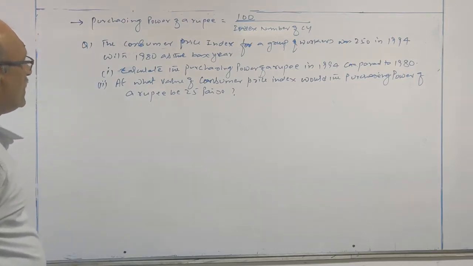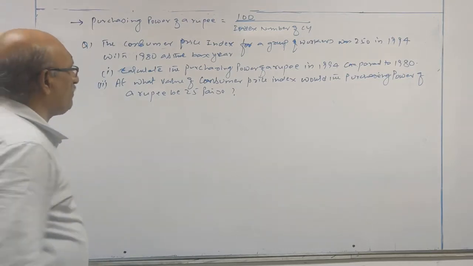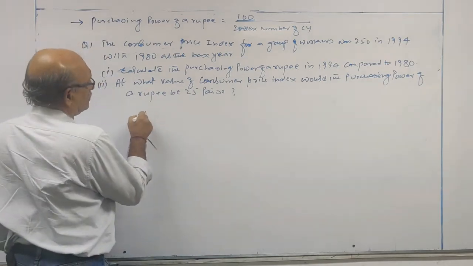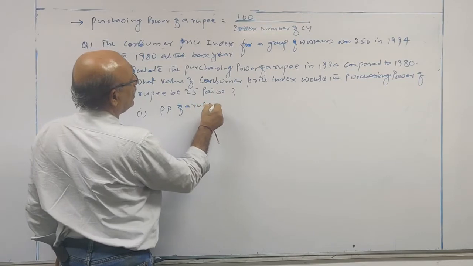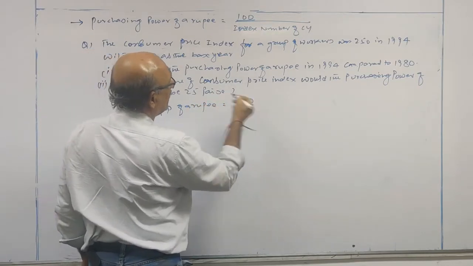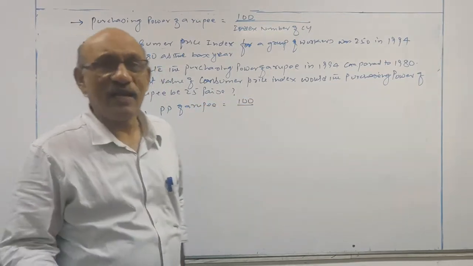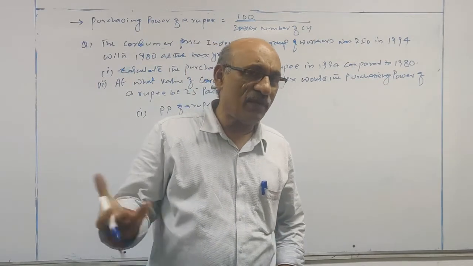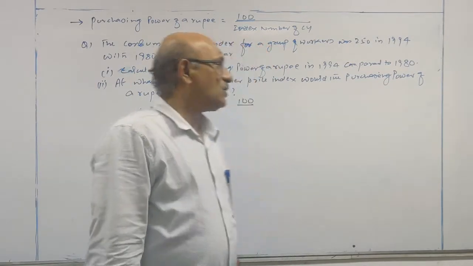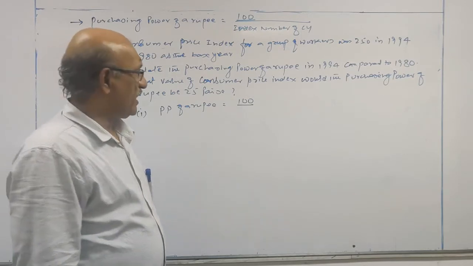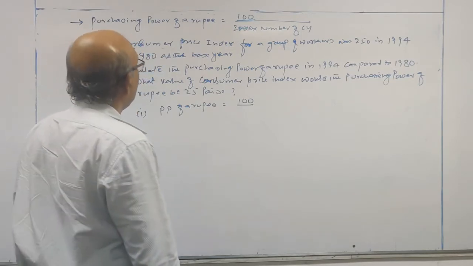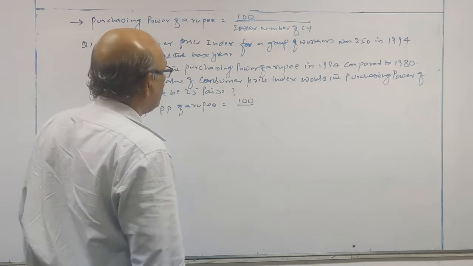Now look at this, sir. First I have to calculate the purchasing power of a rupee. First part, purchasing power of a rupee is equal to 100 divided by index number of current year. Unless otherwise stated, the index number of base is taken as 100, so for calculation of purchasing power, base year index is taken as 100 here because no information is given.